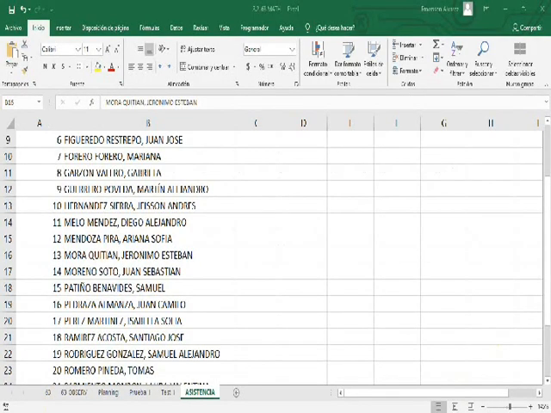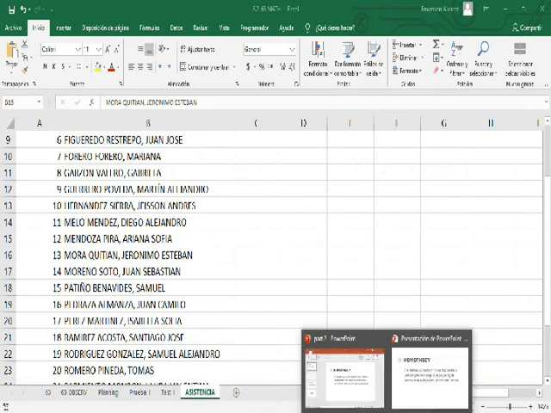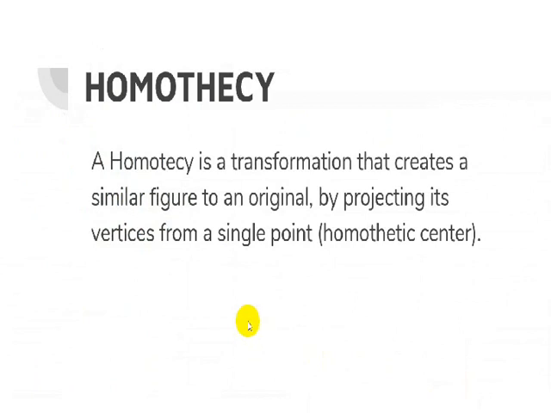Yes, I'm here. Okay. Now you can do it. Homothecy is a transformation that creates a similar figure to an original by projecting its vertices from a single point, homothetic center. Okay, that's very good. You can say homothecy and vertices.